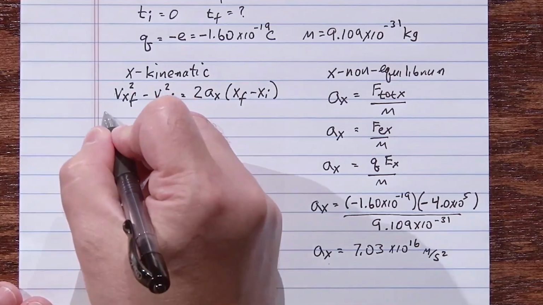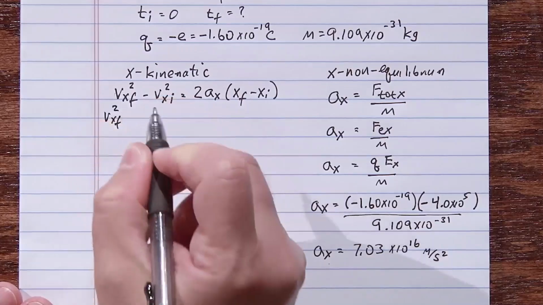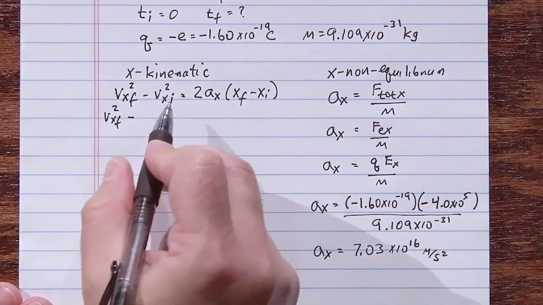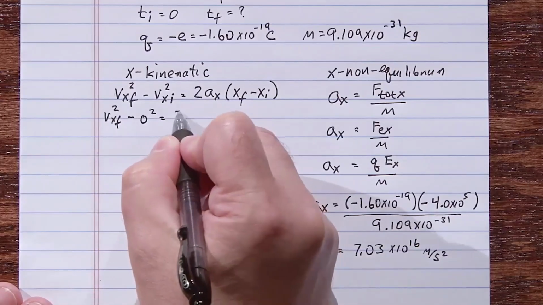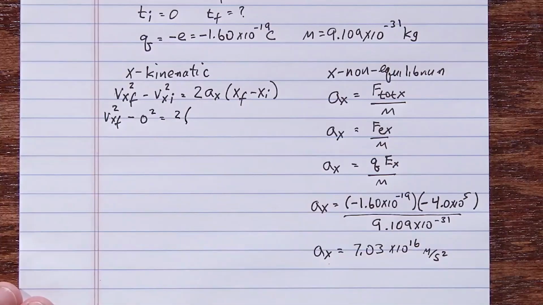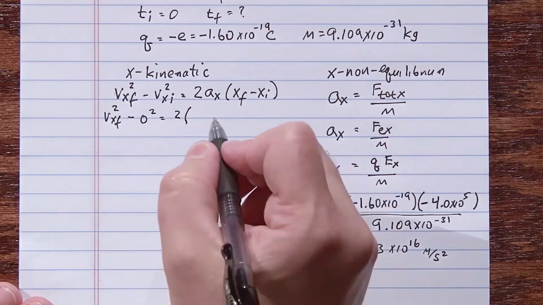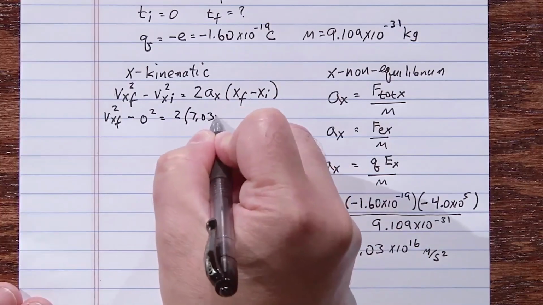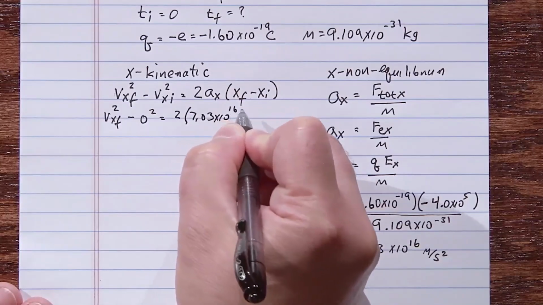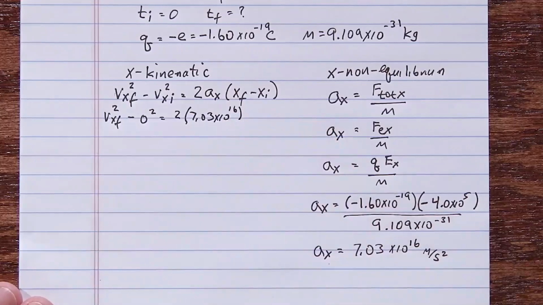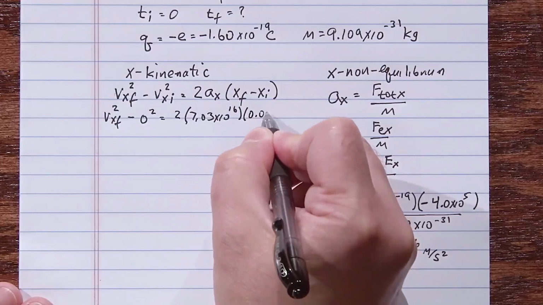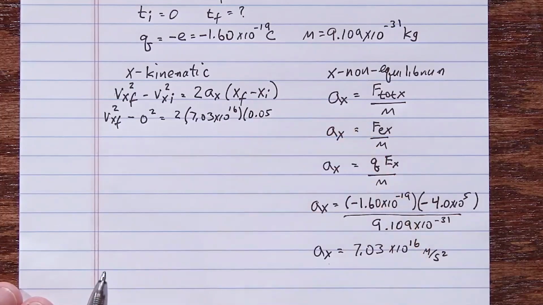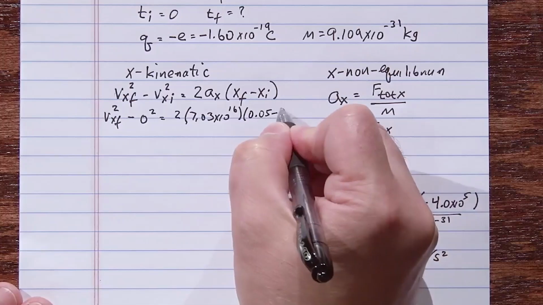So we have Vx final squared minus Vx initial, which is 0 squared, is equal to 2 times Ax, which is 7.03 times 10 to the 16 meters per second squared, times x final, 0.05 meters minus 0.